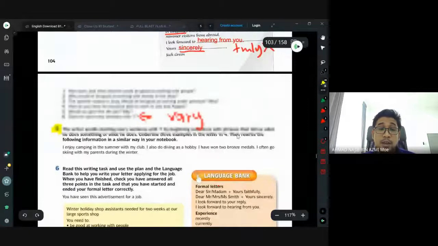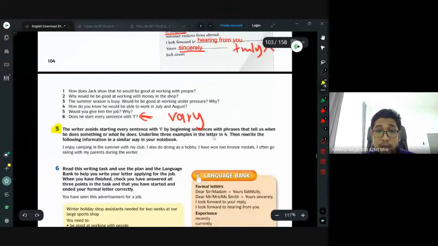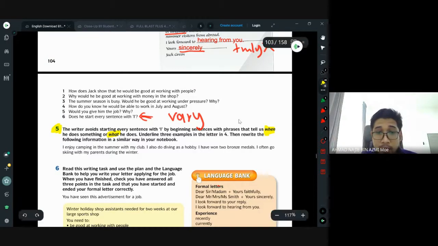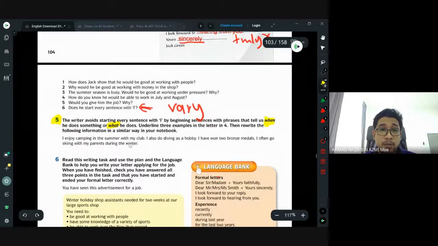But don't start every sentence with I by beginning sentences with phrases that tell us when he does something or what he does. Underline 3 examples, we'll forget about that. Rewrite the following information in a similar way in your notebook.